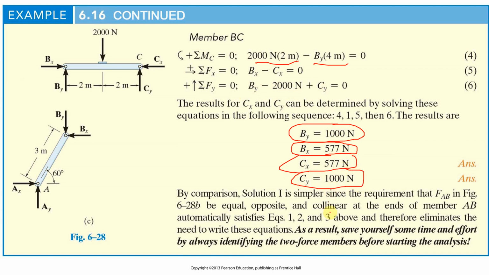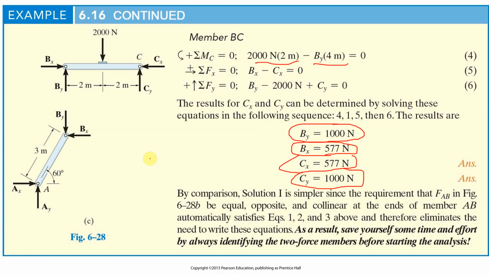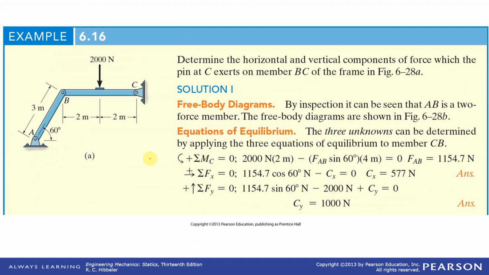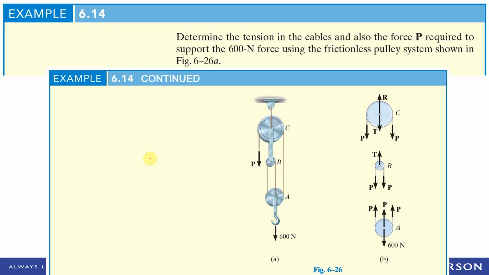Okay. Identify your two-force members. That's part of the point of this. They wanted to show you, it looks like solution one's a lot simpler. Well, duh, rather than going through all this rigmarole. So if you can find two-force members, you've got something.